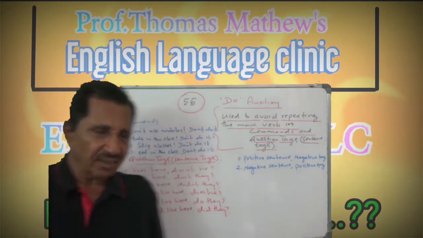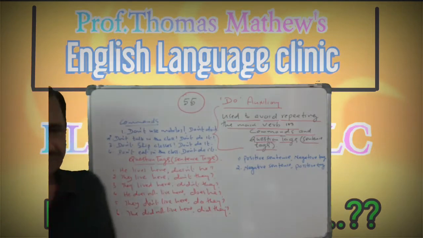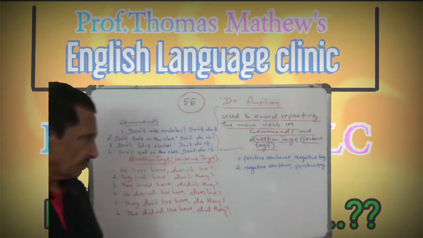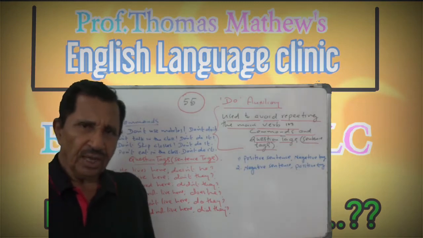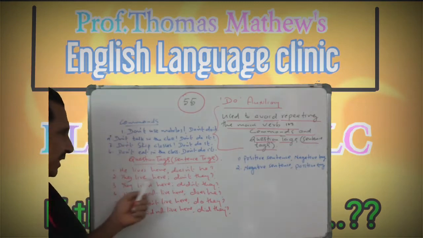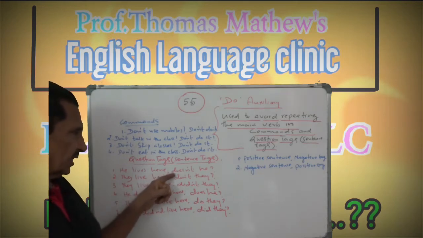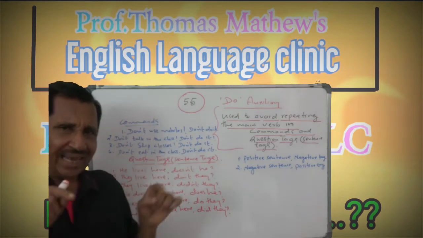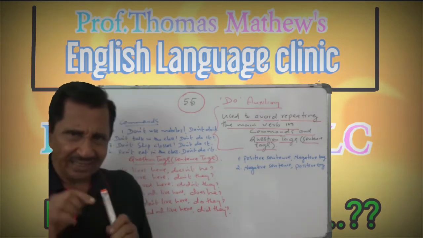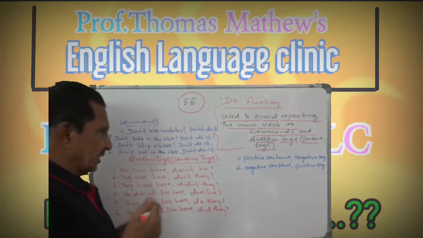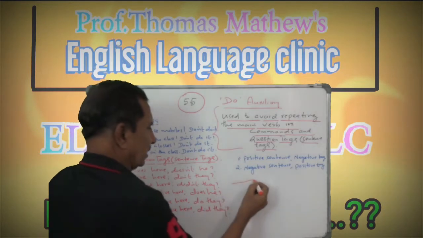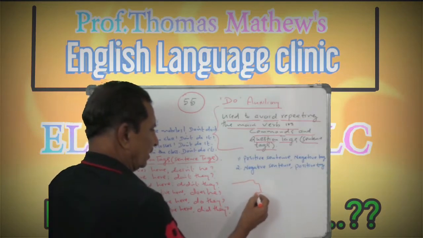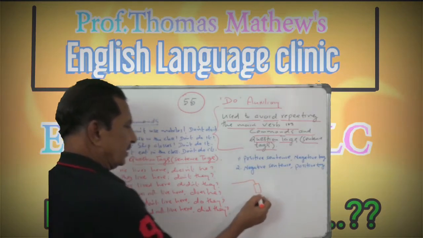And then another function, the fifth function of do as an auxiliary, is sentence tags. There is a sentence, he lives here. Then you have two words at the end. They are like a tag, a price tag.